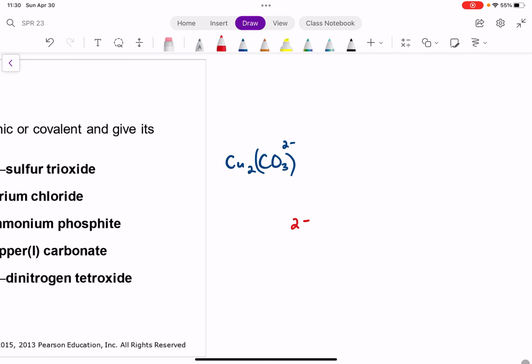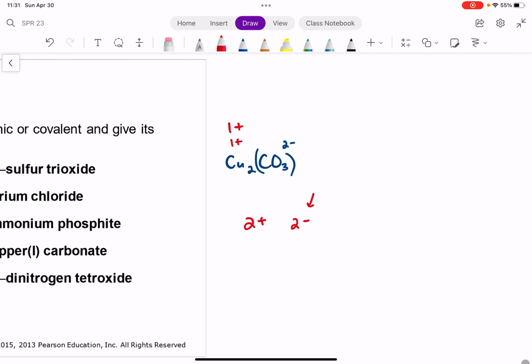So how do we know which one we have? Well, if we have 2 coppers, we must have a +1 charge on that copper. Why is that? Well, if we have 2 coppers each with a 1+ charge, that means we have 2 plus charges, which are going to cancel out with our 2 minus charges.